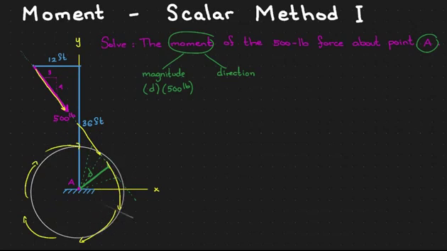I suggest that you imagine an imaginary circle which centers at the point you're trying to find moment about, which in this case is point A, and you ask yourself the question, how does the 500-pound force want to rotate around that circle about point A? Well, it wants to rotate in a clockwise manner. So I hope the magnitude is clear, and I hope that the sense of direction of the moment is clear.